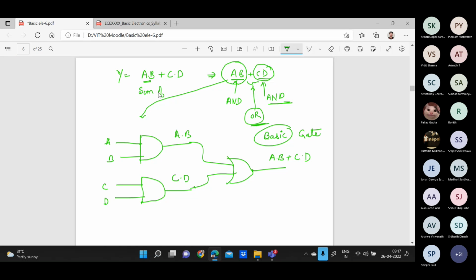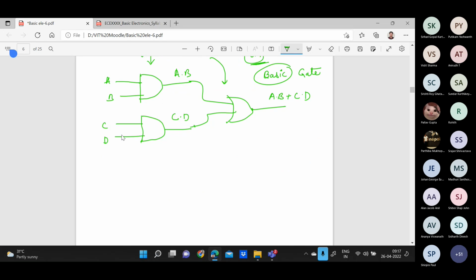Why is it a sum of product? A dot B is a product, CD is a product, and in between them we have a sum. So any function in this form is a sum of product. You initially use AND and then you use OR, because we first have the product and then the OR gate. So by this method, you can design by using the basic gates.